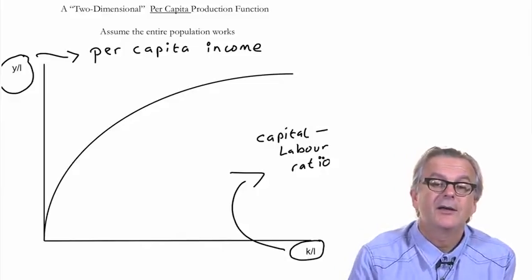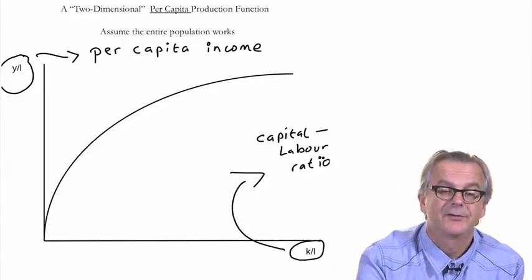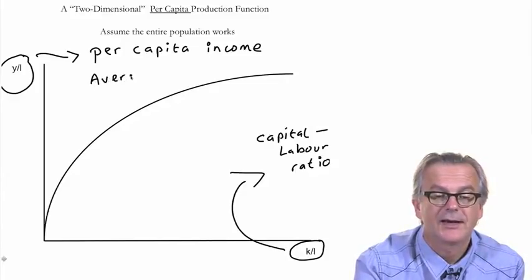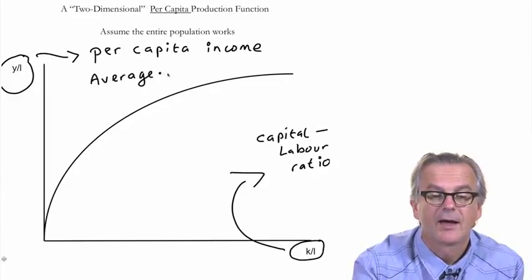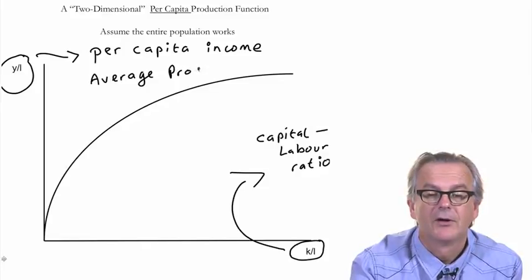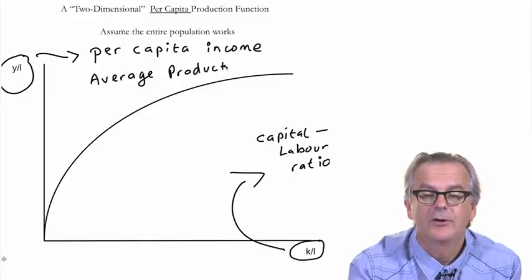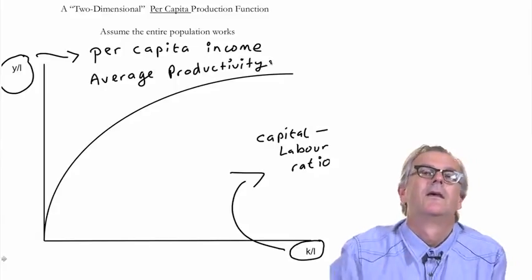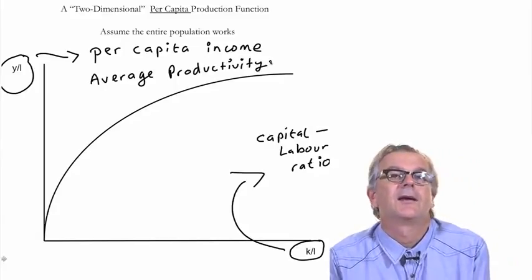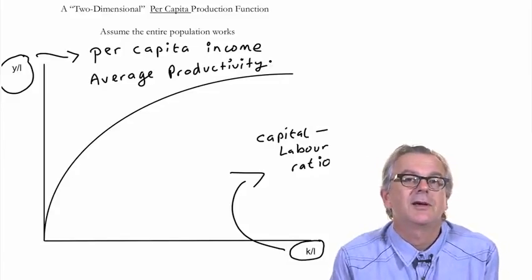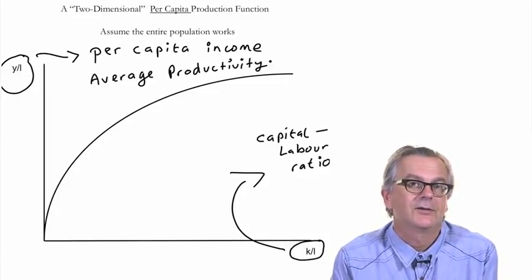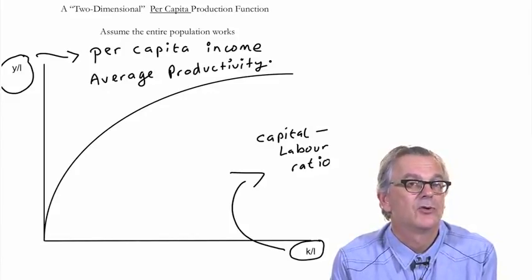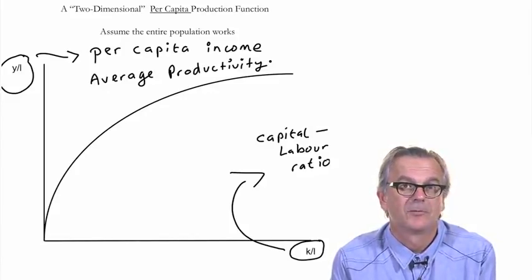Note that by working with this per capita production function, we are very much focusing the analysis on average productivity. You'll recall from earlier that we can decompose real GDP into two sets of factors, one relating to average productivity, the second relating to the proportion of the population who work.